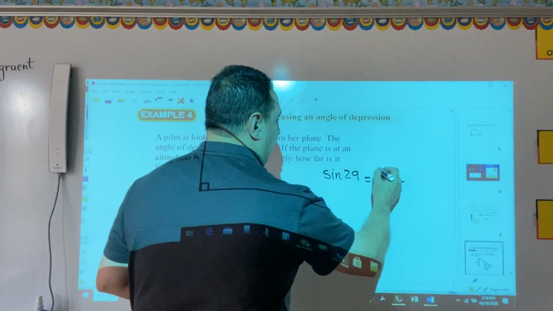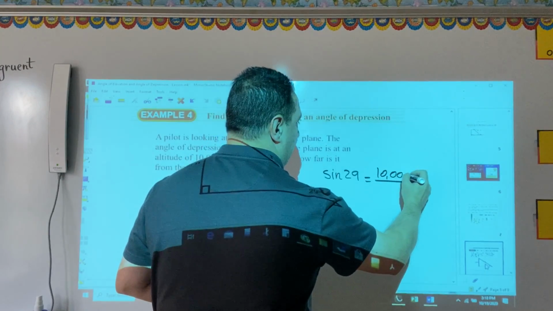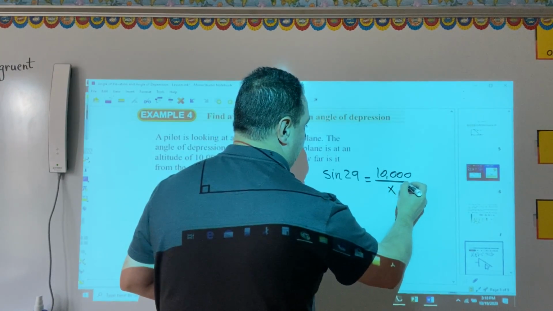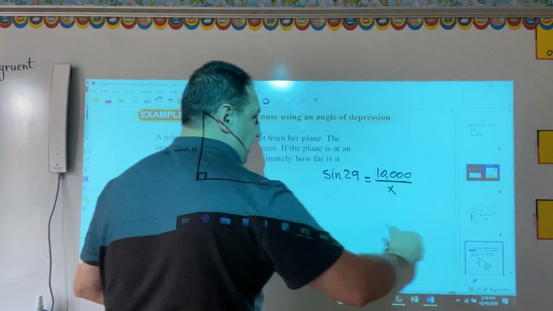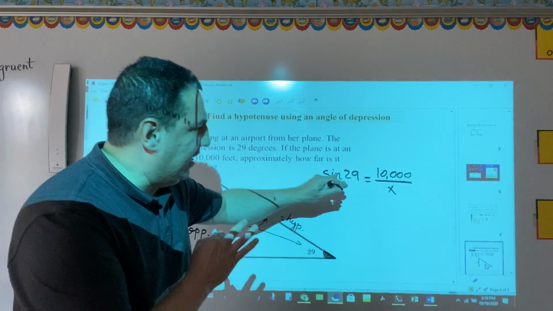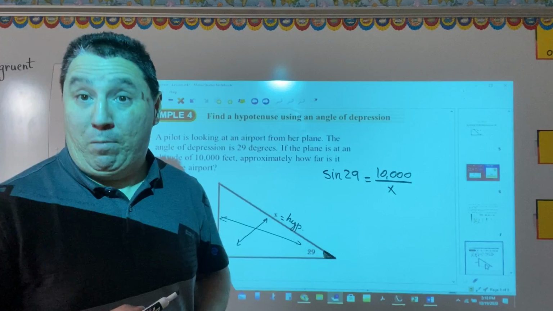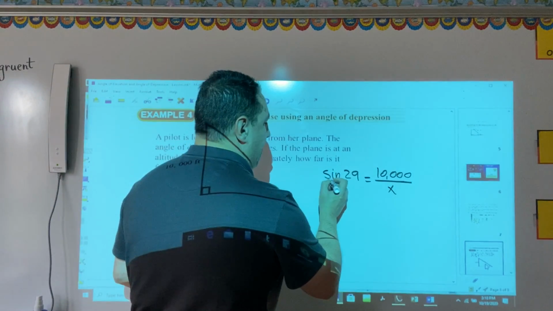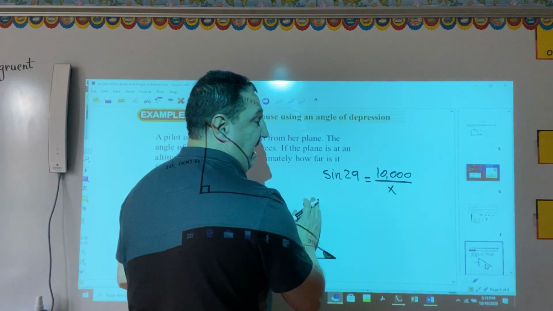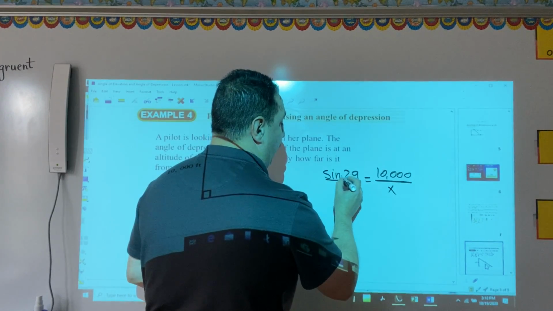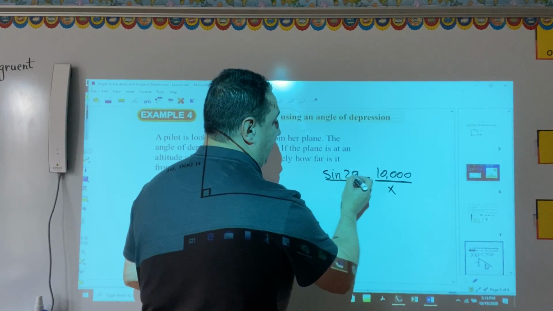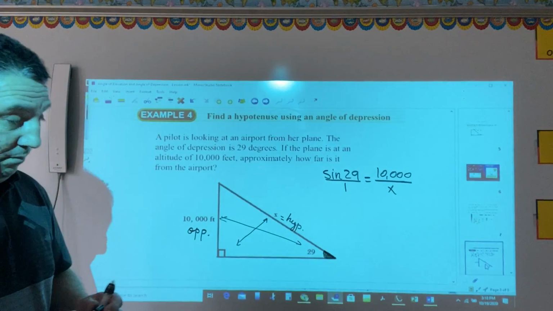So it would be 10,000 over x. Now, in order to solve this equation, let's rewrite it as a proportion, right? How? By writing sine of 29 as a fraction. So we rewrite sine of 29 as sine of 29 over 1.